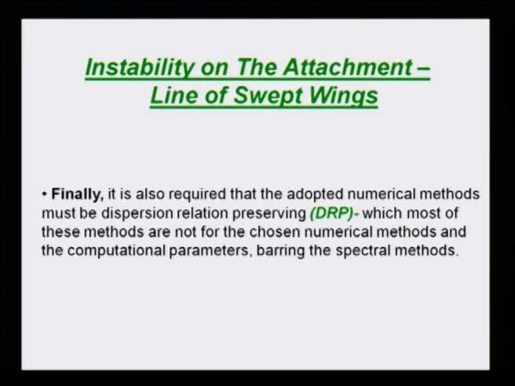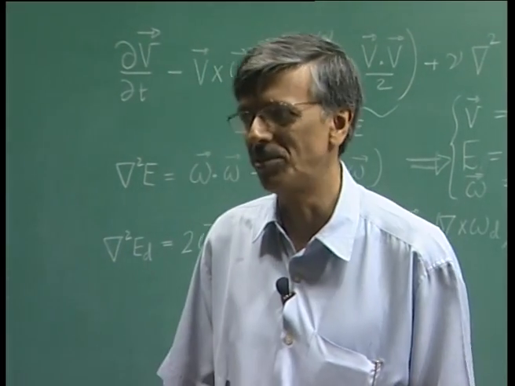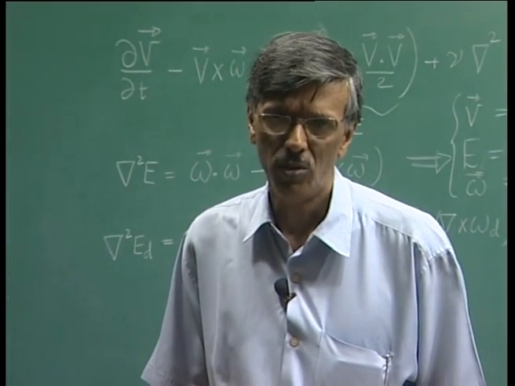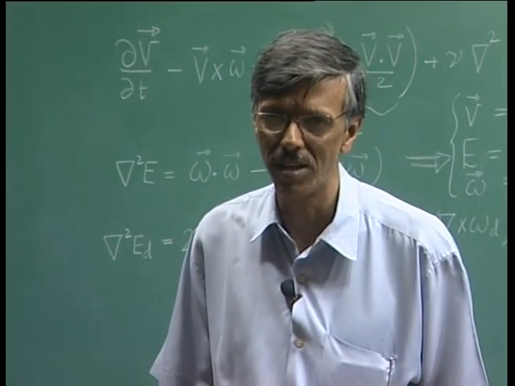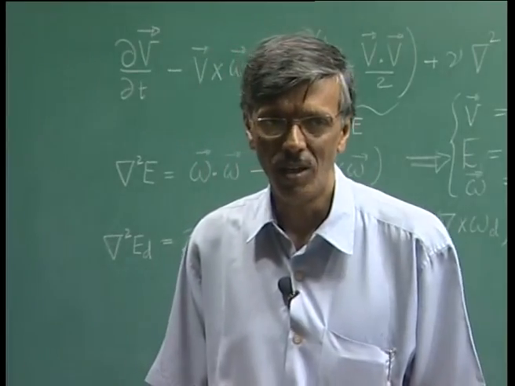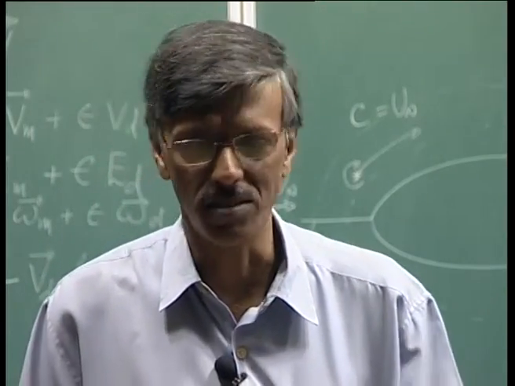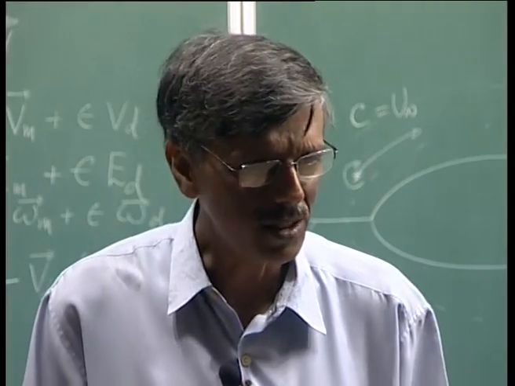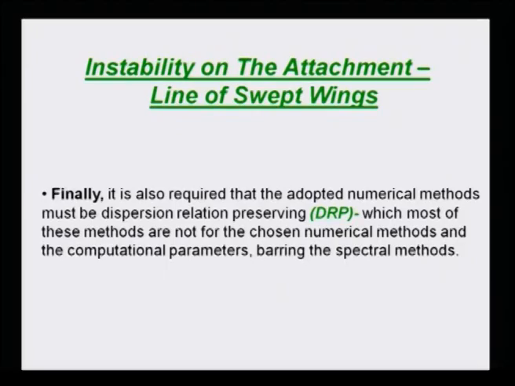So, finally, I would like to comment on this. I just made a comment that Theophilus's results are wrong. That is probably due to the reason that when we are computing transitional flows, we have to have a method which really satisfies the dispersion relation, because that is everything. If I take a numerical method whose dispersion relation is totally different from the physical dispersion relation, that will not make any sense. And unfortunately, this concept itself did not exist very much in the late 80s.